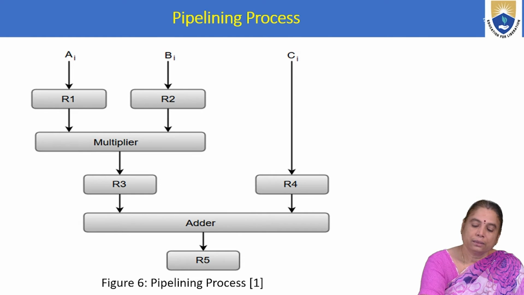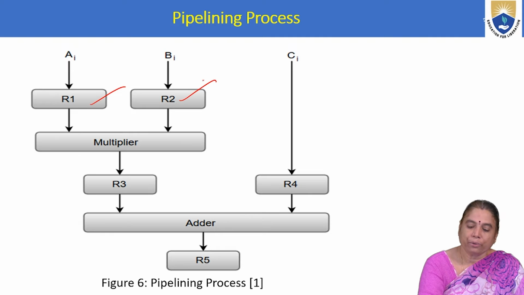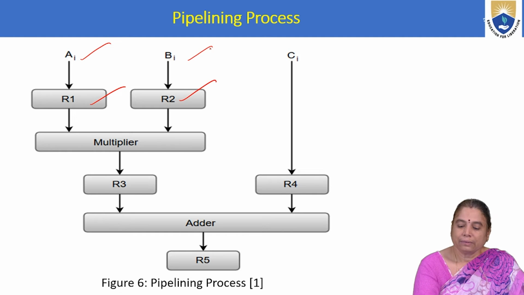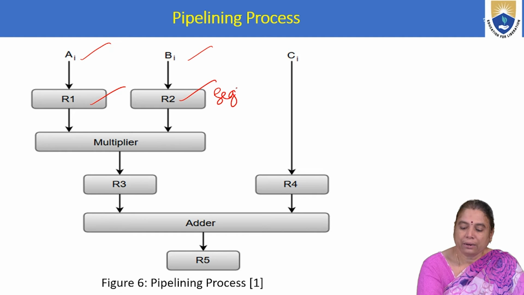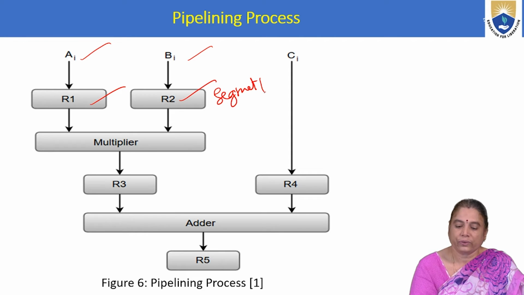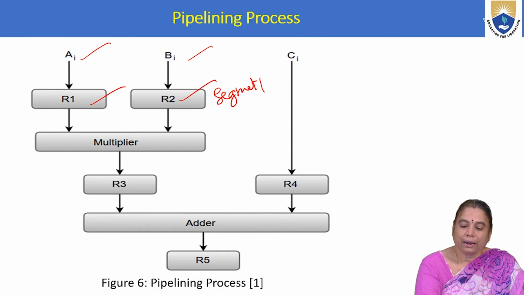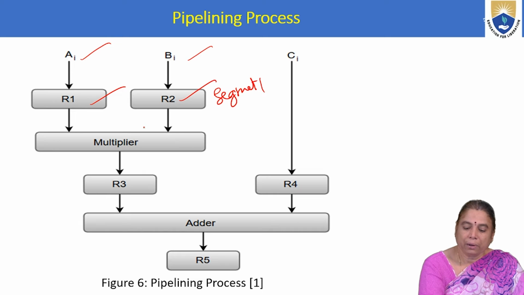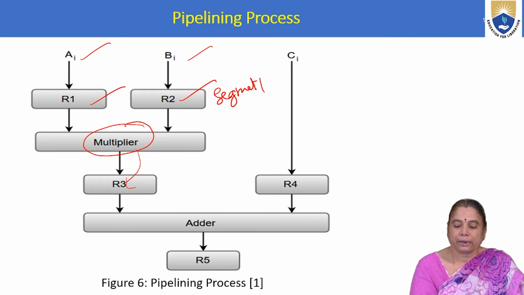So here the registers R1 and R2 can be stored with the 2 input numbers A and B. This is the segment 1 operation, so that they are stored in the corresponding registers. Later on in the second segment, multiplication of these two numbers can be carried out and the result is stored in R3.